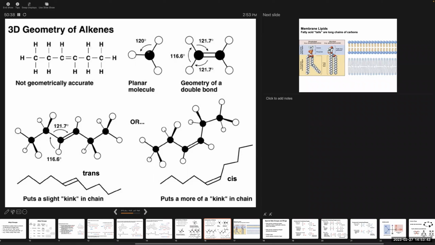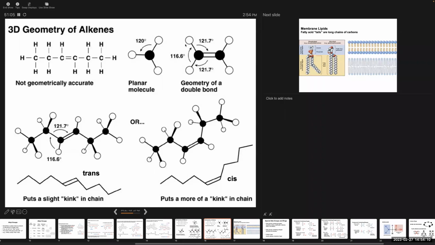Remember, in the planar molecule, we had an atom in the center with three identical atoms surrounding it. And those identical atoms were all separated from one another by equal angles of 120 degrees. When you have a double bond between two carbons and then a couple hydrogens attached to it, it's almost like the planar molecule, but the bond angles are not quite the same.